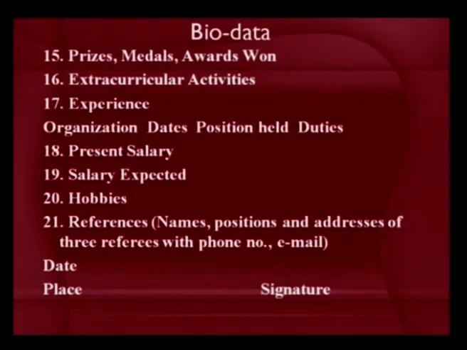If you have a prize, mention it. If you do not have a prize, you have only a medal, you say only medal. Or if you do not have prizes and medals, you have some awards won, mention only the awards. So, this depends on how many awards, how many prizes, how many medals you have won.